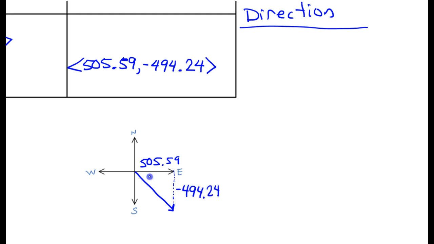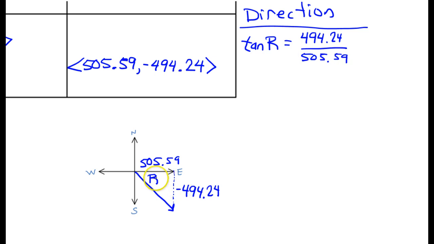To find the direction, we will need this reference angle. And we can find the reference angle by doing the tangent of angle R, which should be opposite over adjacent. Now I'm going to ignore this negative sign and just do 494.24 over 505.59.